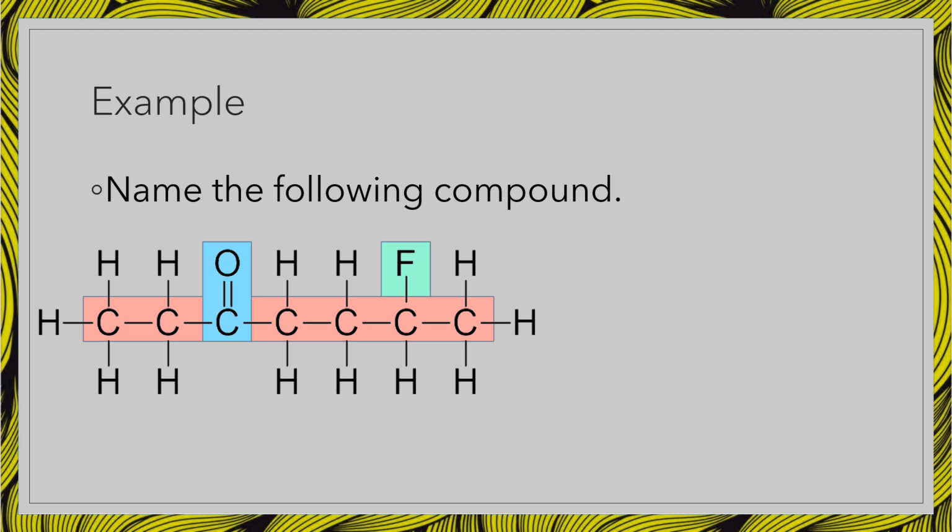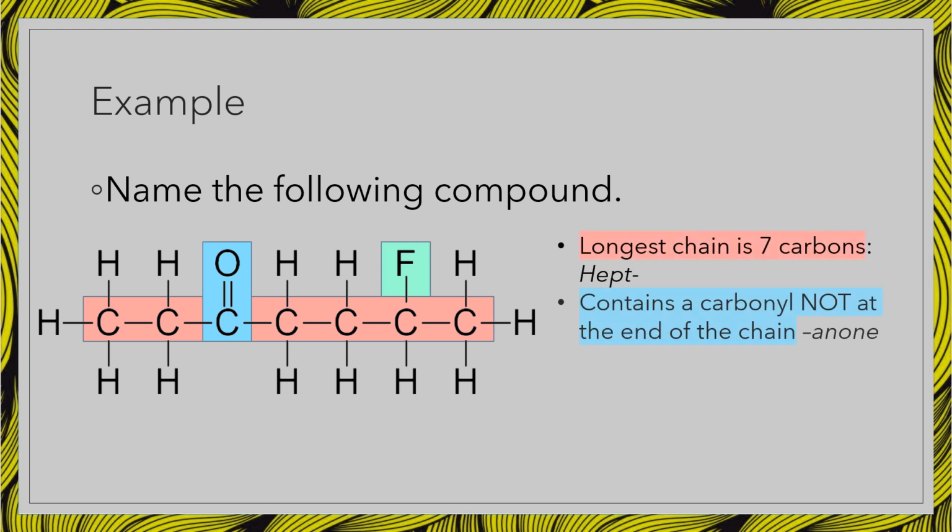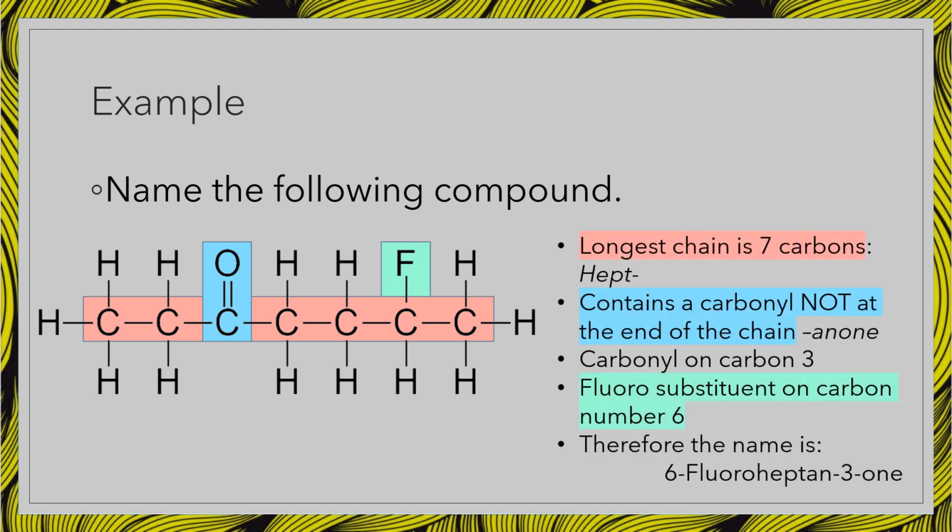We can have it as 6-fluoroheptane 3-one, or we can have it as 2-fluoroheptane 5-one. Now the first way, the numbers are higher than the second one, but we need our functional group to be the lowest number. So in this case, it's going to be heptane 3-one with fluorine on the 6. So it's going to end up being 6-fluoroheptane 3-one.